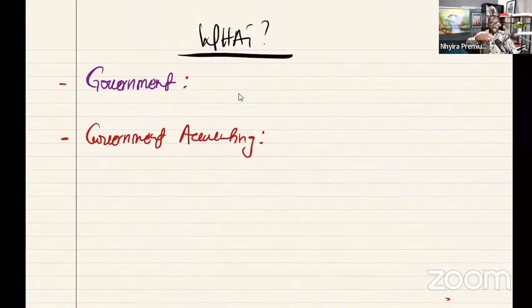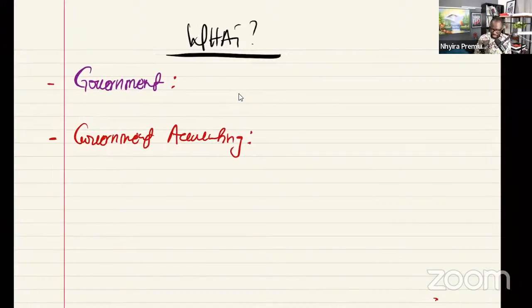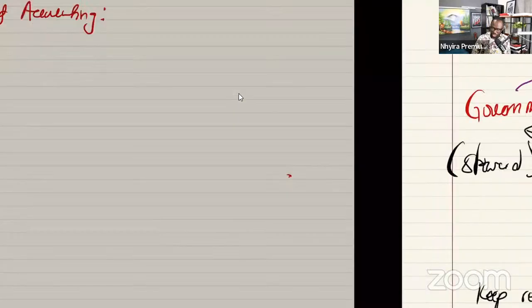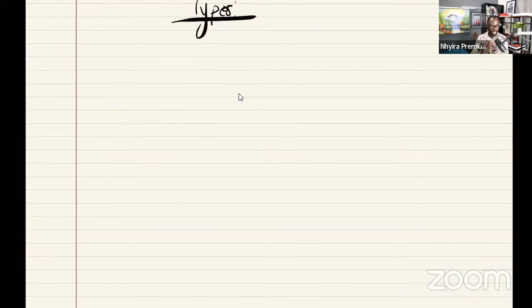Now, these institutions that we talked about have been classified into certain categories. So the next question we ask ourselves is, what are the types of public institutions that we have? Now, for the purpose of our discussion, there are 4 types of public institutions that we must know about. There is what we call the central government.